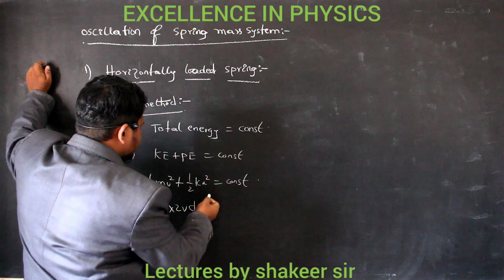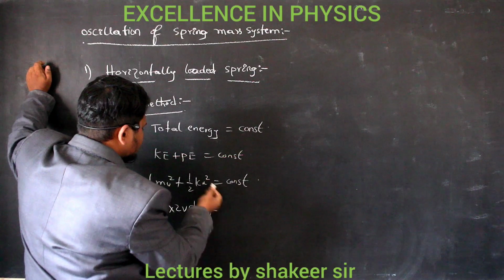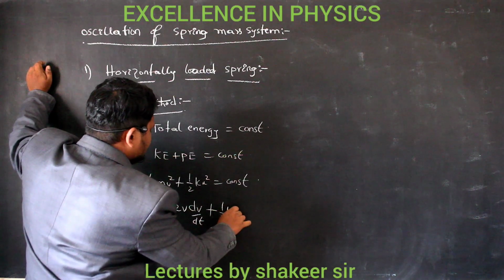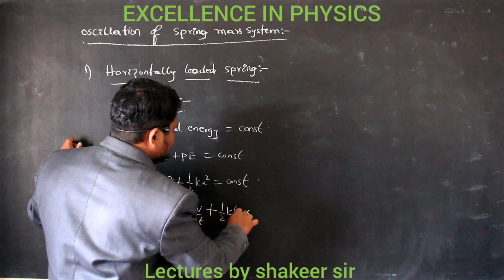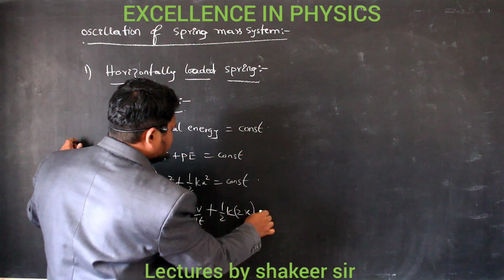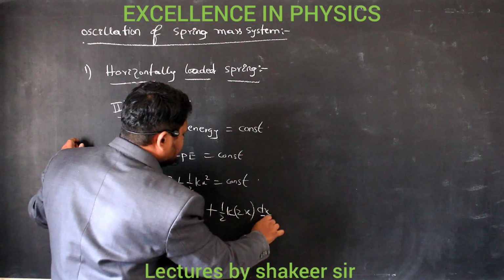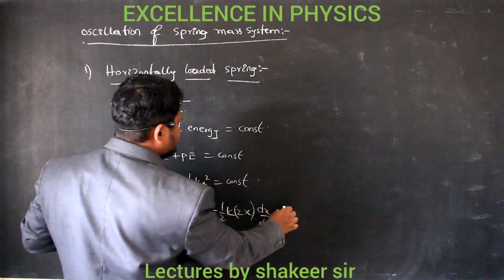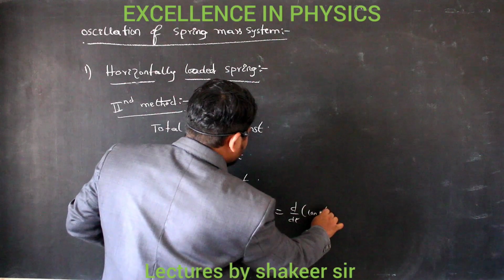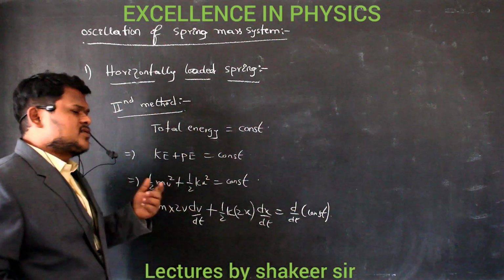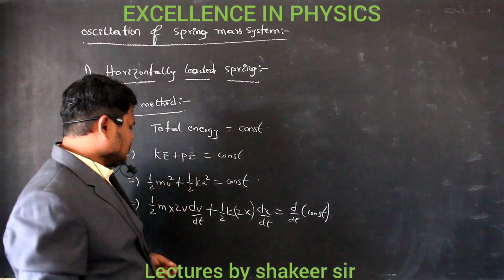So differentiation of half k is how much? Half k is a constant, so I will take it outside. So half k into 2x, since differentiation of x square is 2x, and x we have not differentiated, so I will write dx divided by dt. So this is equal to d by dt of a constant. Clear? So differentiation of a constant is 0. So therefore let us see what terms we got.